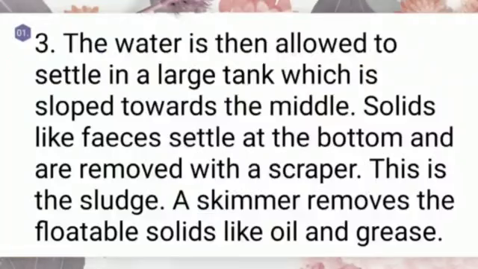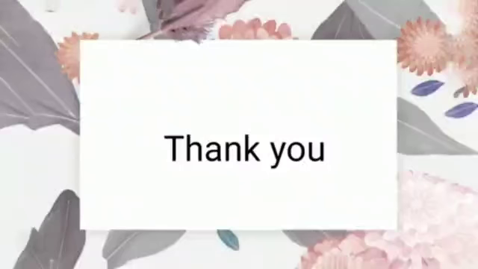Then the heavier solid sludge settles down at the bottom of the tank, and lighter waste such as oil and paints float on the surface. Then bacteria present in the sewage partially decompose and liquefy the solids. The liquid portion is disposed of through an outlet in the tank.